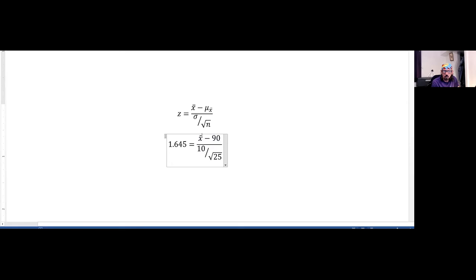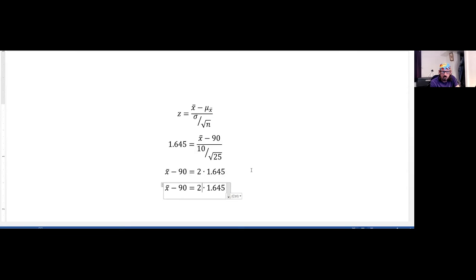So we'd be solving, having x bar minus 90 equaling 2 times 1.645. Now 2 times 1.645, I'm not really concerned what that equals, because we can let the calculator do that, and then we'll add 90.